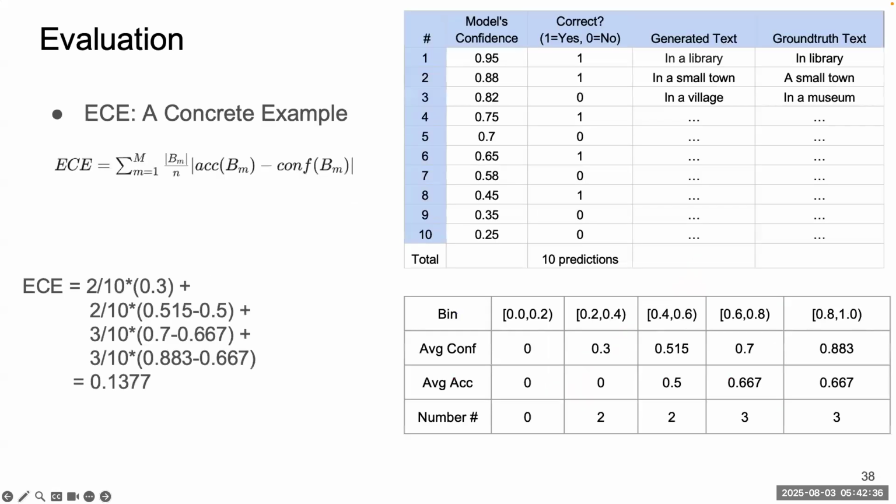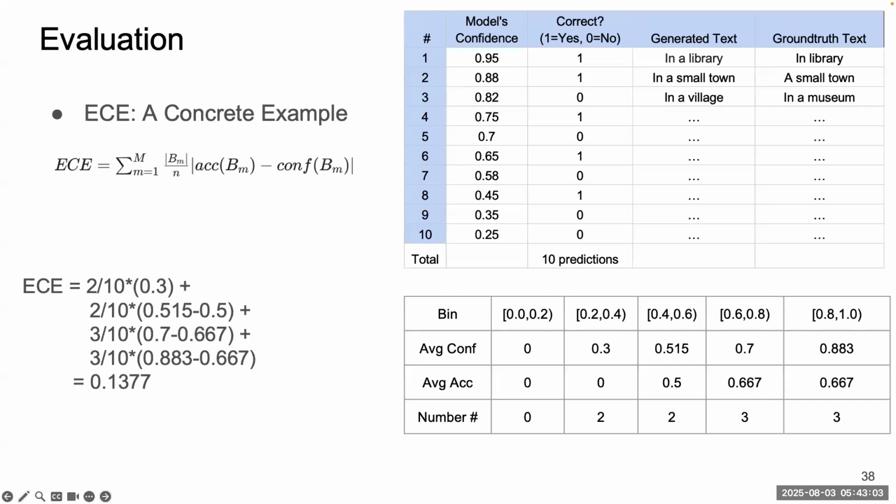And let's just do a quick, concrete example here. Say the model has 10 data samples, and the model's confidence for each prediction is the first column. The second column is whether this prediction is correct or not. The prediction is generated text, like I said, it's in a library in a small town.